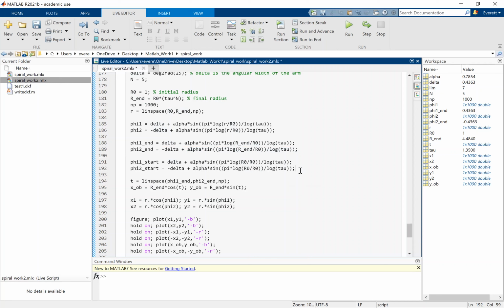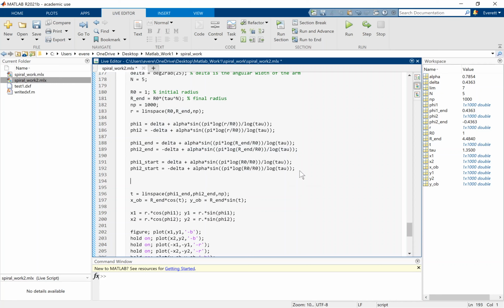And again, we want to convert these to Cartesian, but again, we're going to use a line. We're not making a circle piece, we're making a line. So this is how we want to do this.